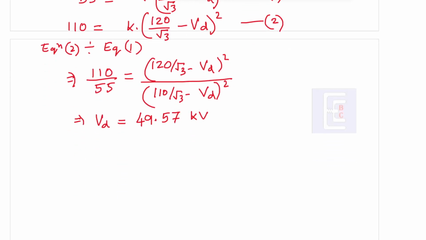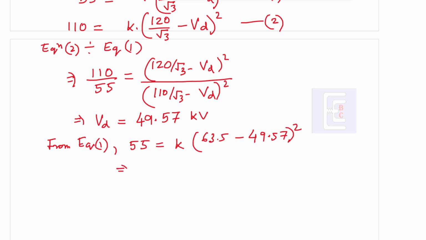From equation 1 you can put 55 is equal to K into 63.5 minus 49.57 whole square. If you solve, K will be equal to 0.2834. This 63.5, where is it coming from? It is actually 110 by root 3.